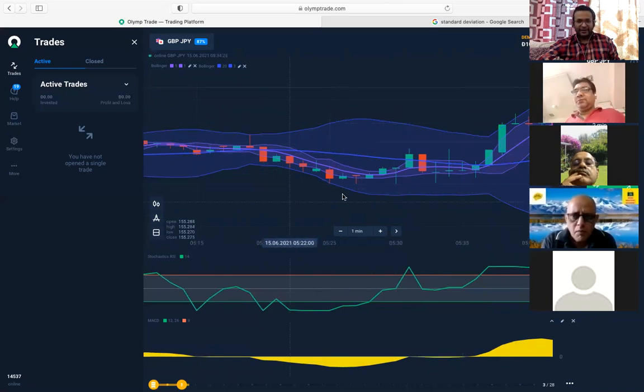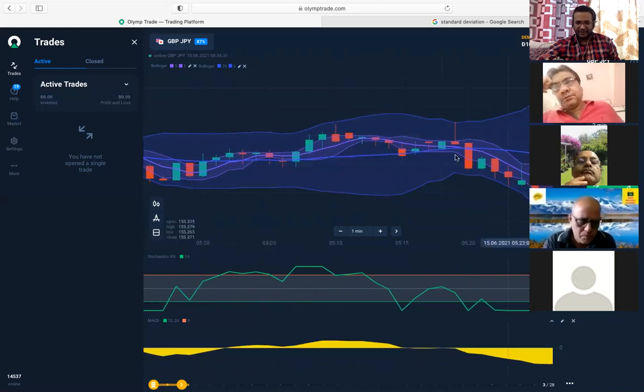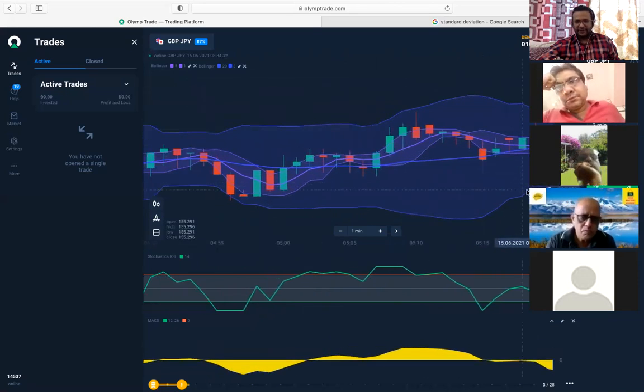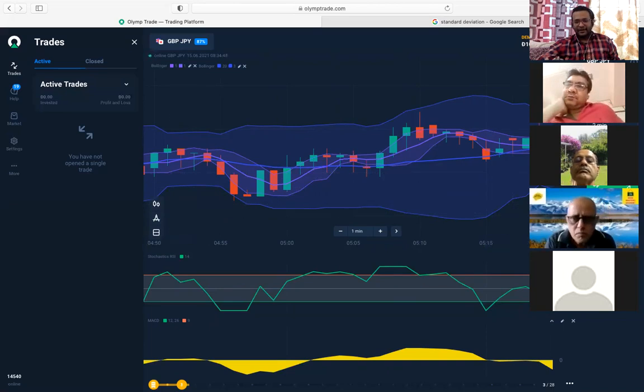Let's look at some more data. Let's look at this here. Now, this is how you are going to see it, right? There is a red candle. It has crossed the 1 deviation. It has not crossed the 3 deviation or not gone near to it. It's kind of in the middle of the 3 deviation. Stochastic has gone down.